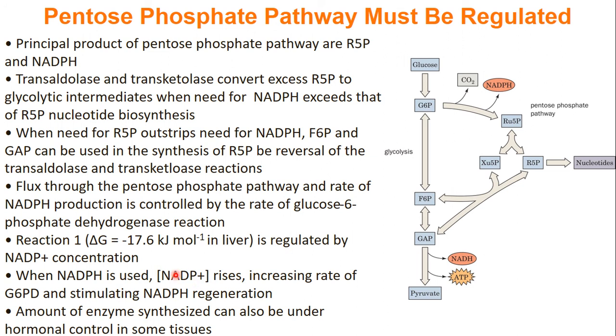This will go and activate G6PD, which is glucose 6-phosphate dehydrogenase. This will stimulate it to take any G6P and go down the pentose phosphate pathway and remake NADPH. You can also control the amount of enzymes you have by hormonal control, that is, decrease or increase the amount of enzyme that you actually make in the cell.